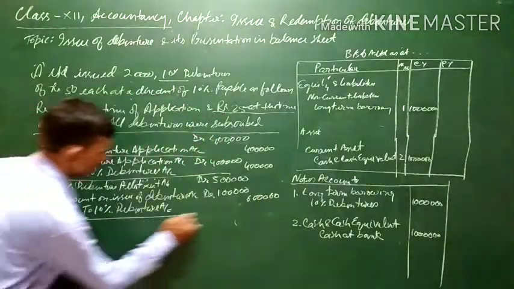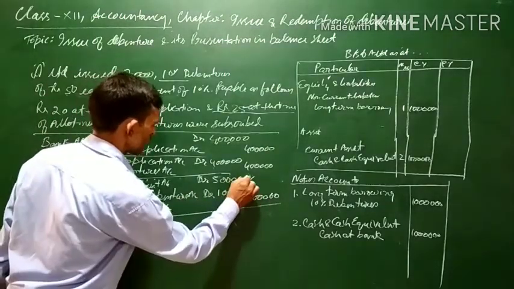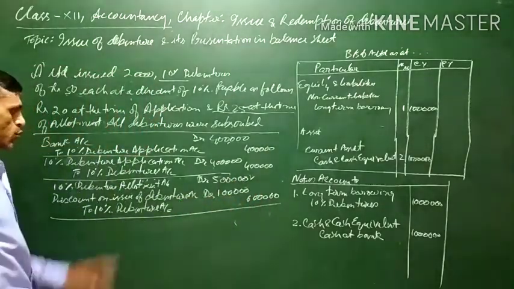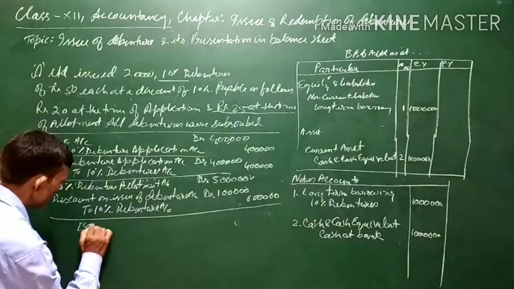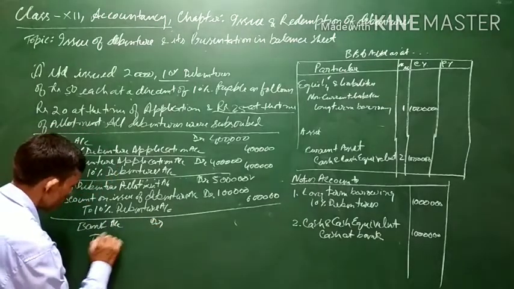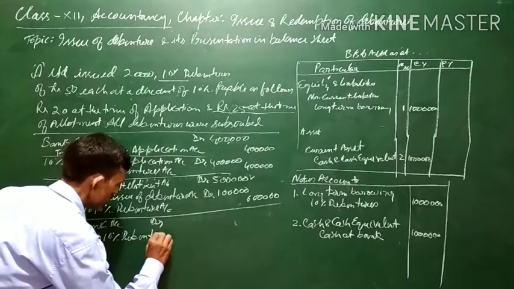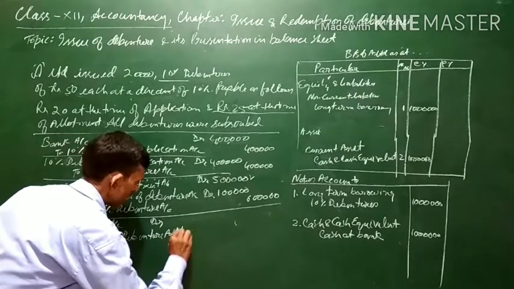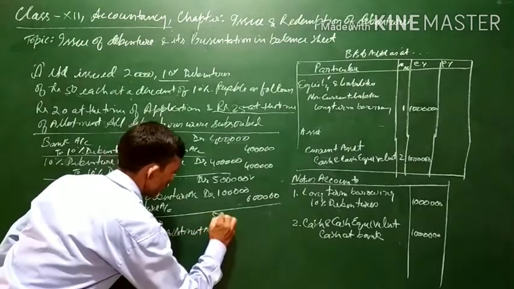Now, when actually the debenture amount is received, we will receive only rupees 5 lakh, because after discount of 1 lakh, we will receive only 5 lakh at the time of allotment. Entry will be bank account debit to 10% debenture allotment account 5 lakh.